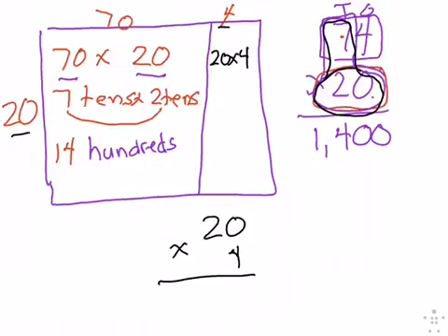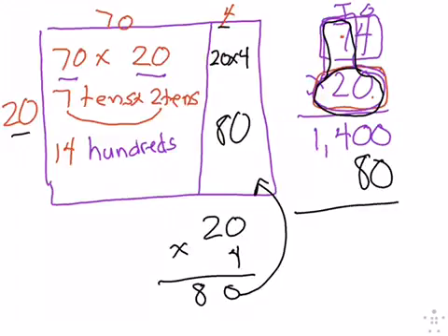Hopefully you just figured out that it is 80. So 20 times 4 is 80, and that just goes underneath. And I add them up. 0 plus 0 is 0, 0 plus 8 is 8, 4 plus nothing is 4, 1 plus nothing is 1. So my answer to 74 times 20 is 1,480.